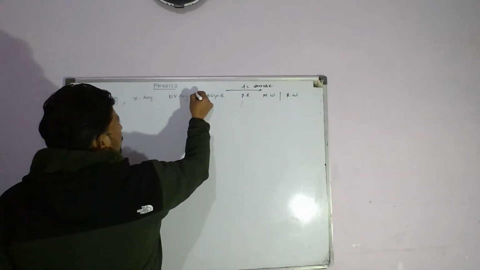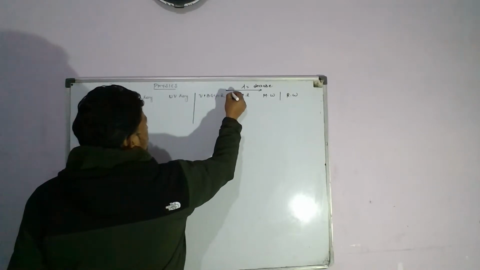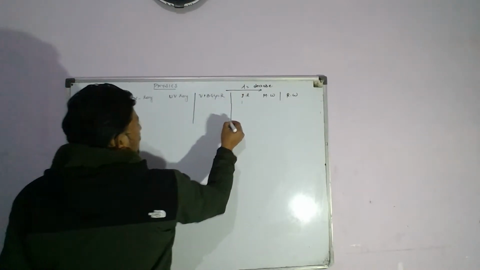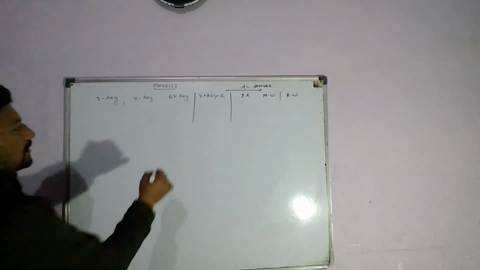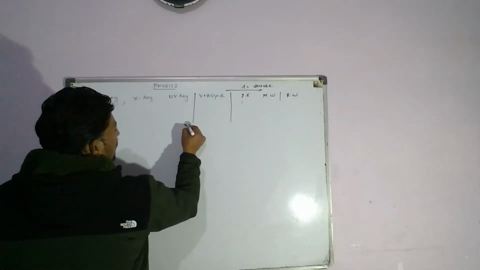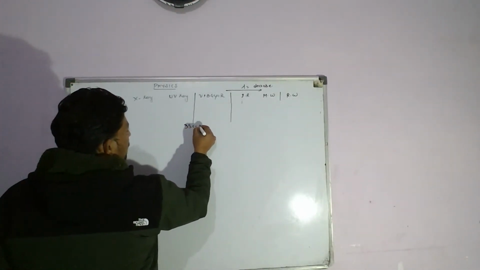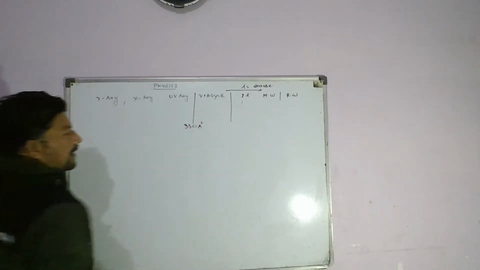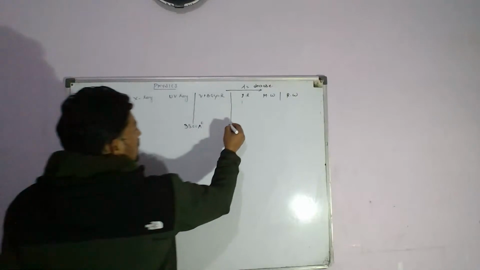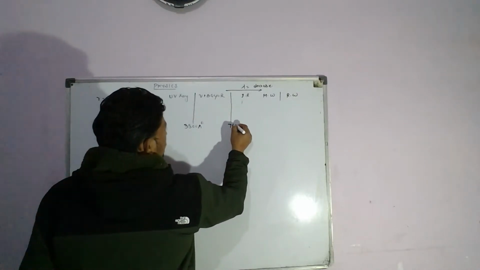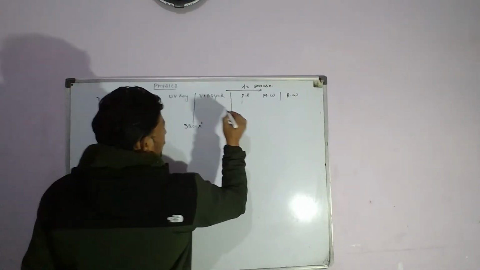And this is the main part. VIBGYOR means you can see the rays of light or colors. The exact range is 3800 angstrom to 7600 angstrom.